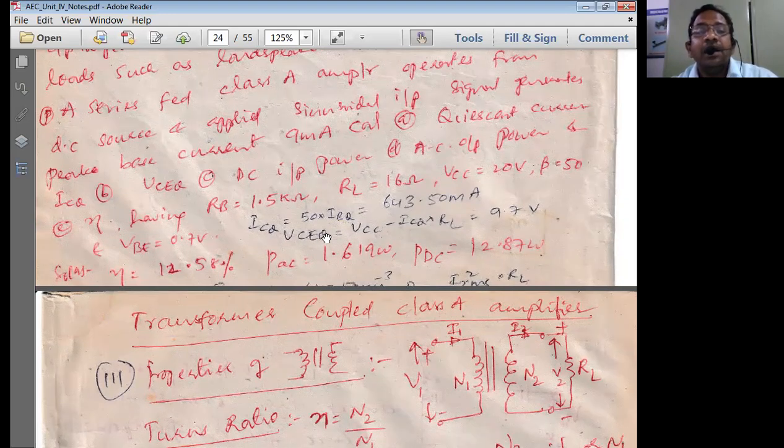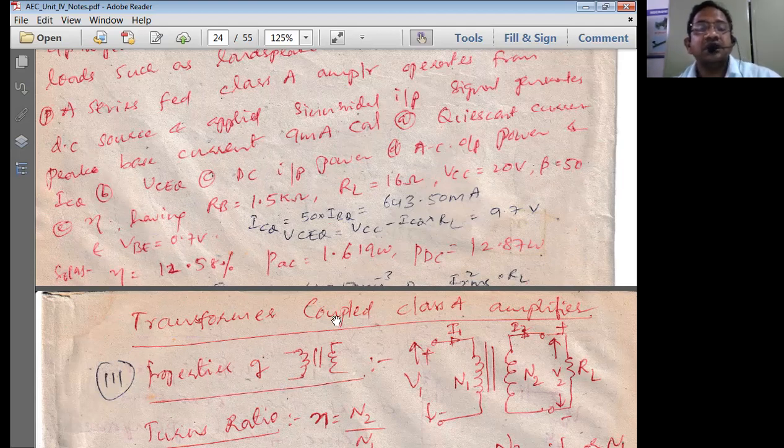Now, ICQ is equal to beta times IBQ. What is the beta value? 50, it is given. What about IBQ? He has given that the applied sinusoidal signal generates a peak base current of 9 milliamperes.